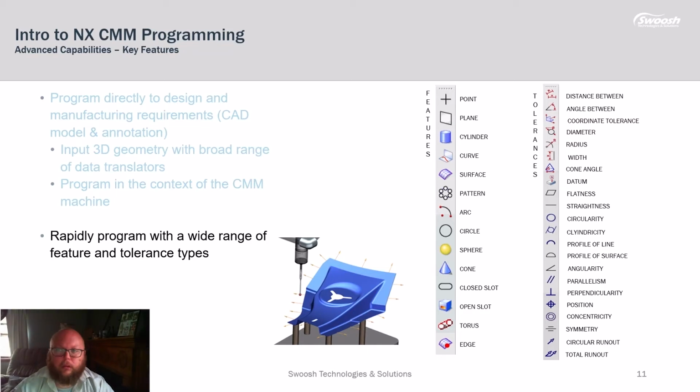We have a full tool set to go through and specify the various features that we want to inspect, how we want to apply tolerances, whether it's strictly plus minus tolerances for positioning or size, or using any of our GD&T measurements.